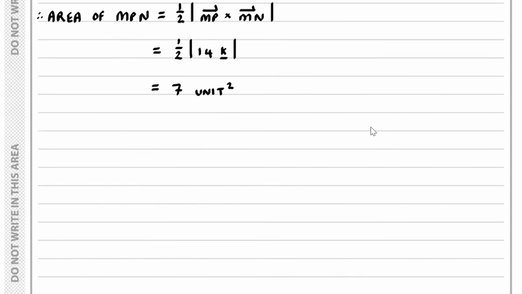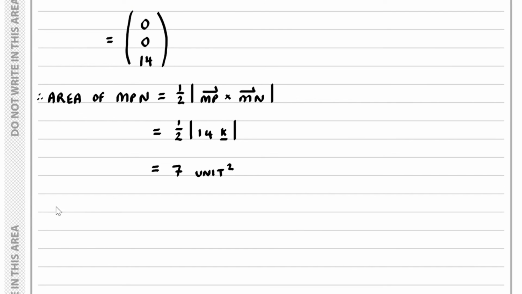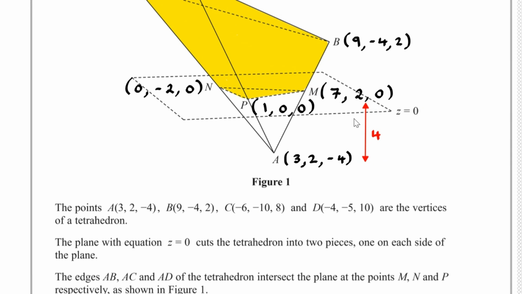So, if I find out the vector MA, well, what we have is -4, 4, 4 as the vector MA, and that's because from 7 to 3 we subtract 4, 2 to -2 we subtract 4, and then 0 to -4.